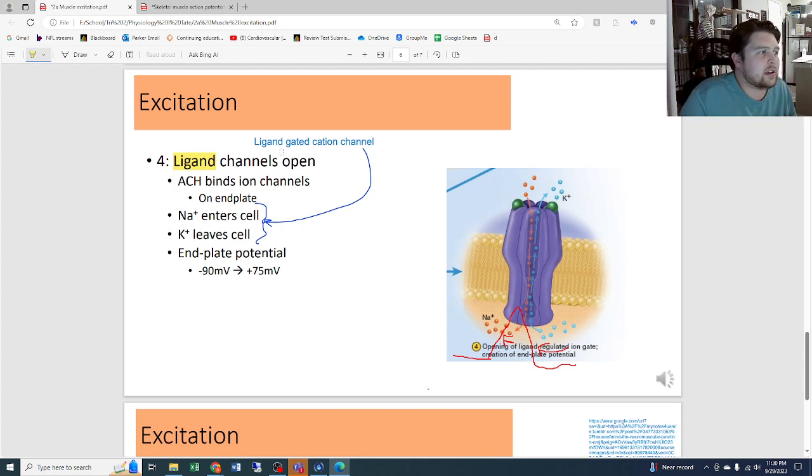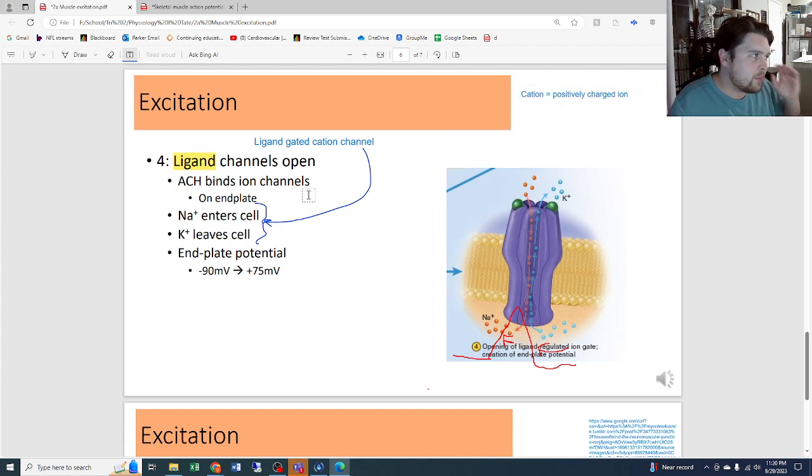it's called a cation channel because it's allowing cations, both cations, to flow. Remember, a cation is just a positively charged ion.